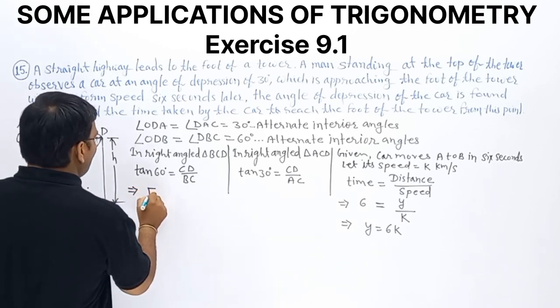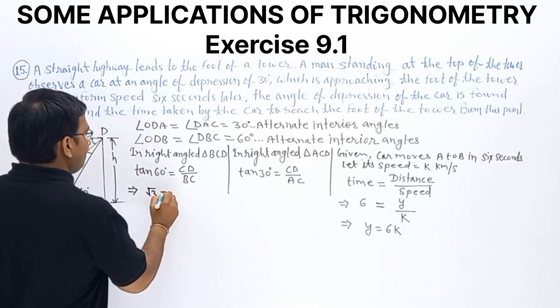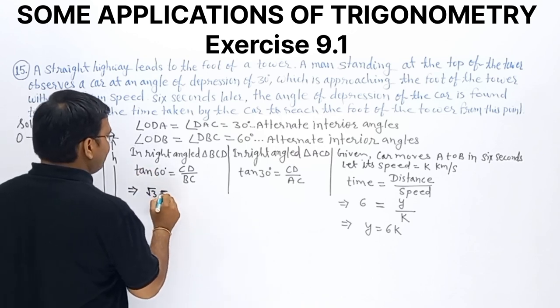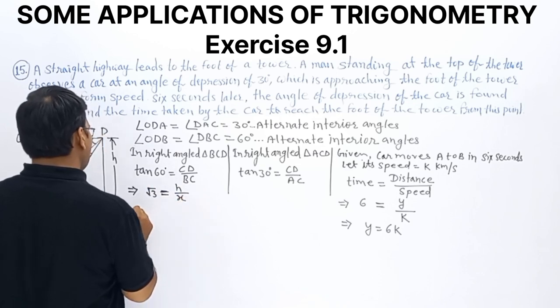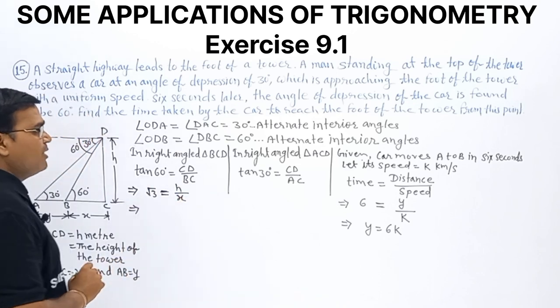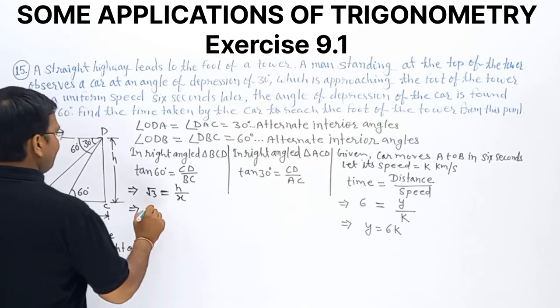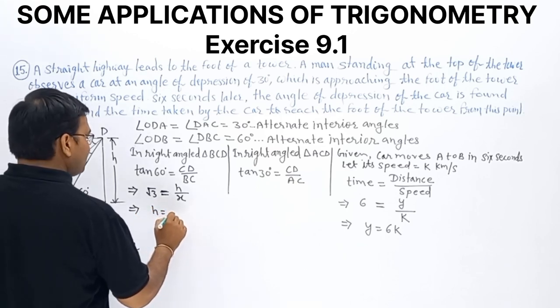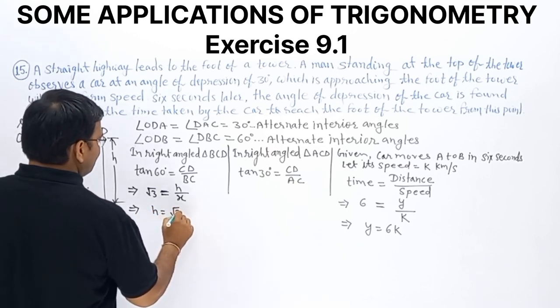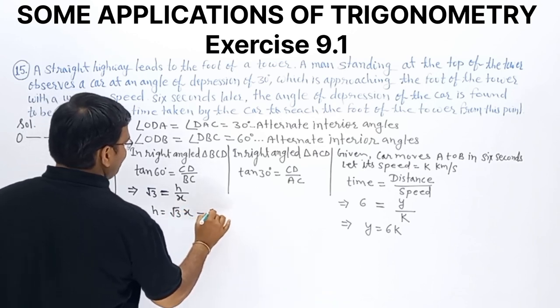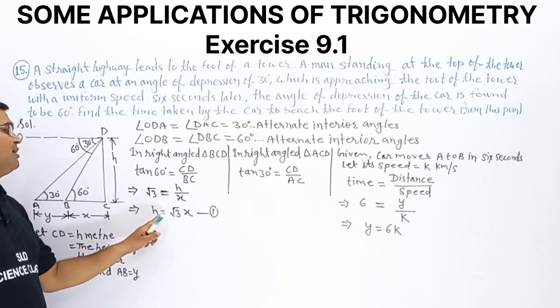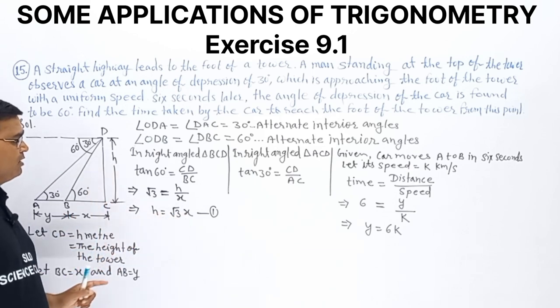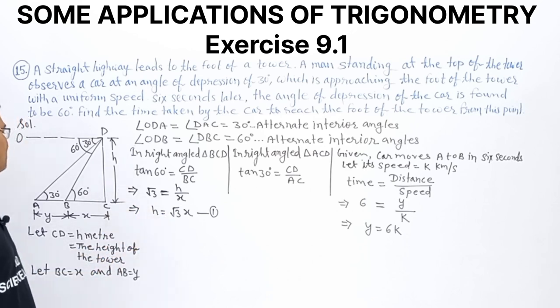Tan 60 degrees is square root of 3, CD is the height of the tower, h, and BC is x. Once we cross multiply, we get the height of the tower h equal to square root of 3 times x. I am putting this as equation number 1. Clear? Both x and h are unknown, so we will consider it as it is.